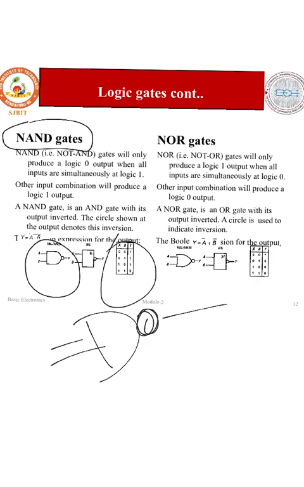A NAND gate is an AND gate with its output inverted. You can see the circle shown at the output denotes this inversion. So this is all about your NAND gate.